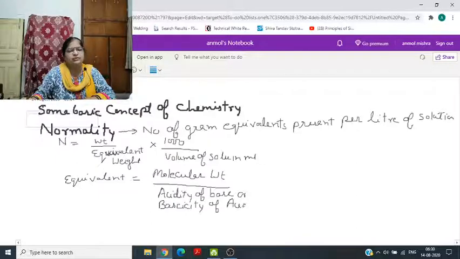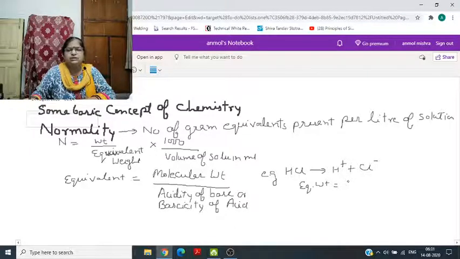I will give you examples. For example, HCl. If we want to find the equivalent weight of HCl, here one ion of H is present, so its equivalent weight will be the molecular weight of HCl, 1 plus 35.5, divided by the number of H ion, which is 1. So that will be equal to 36.5.